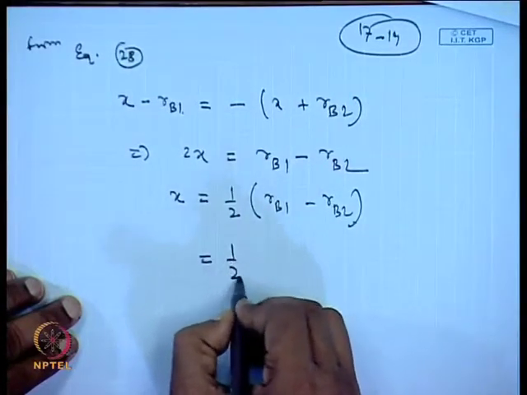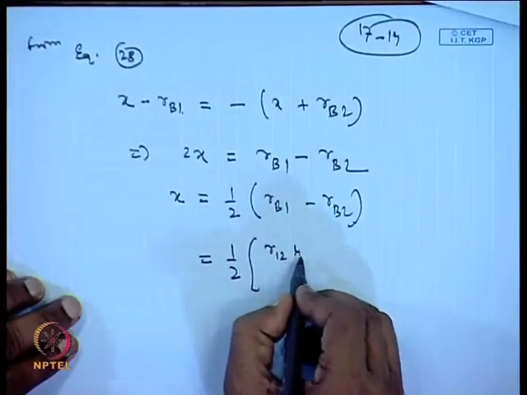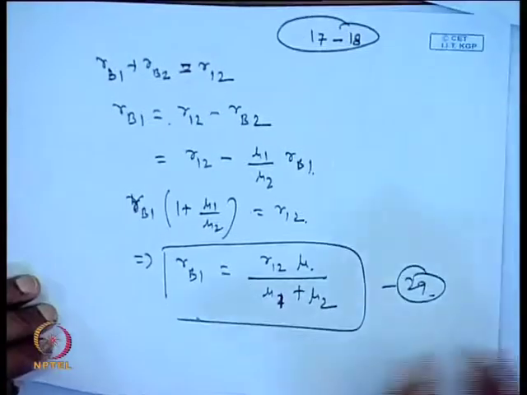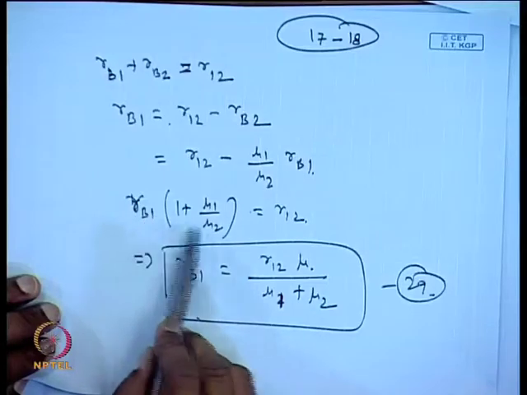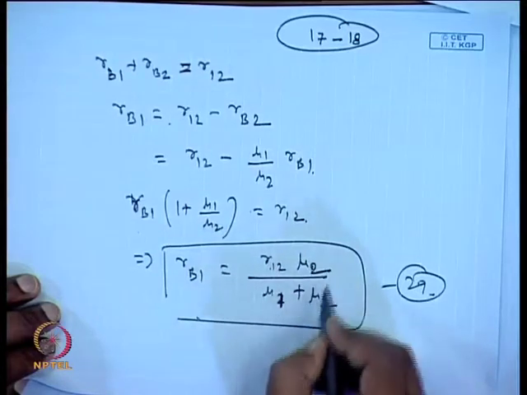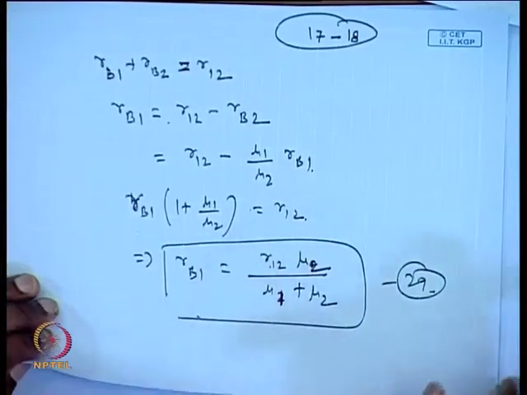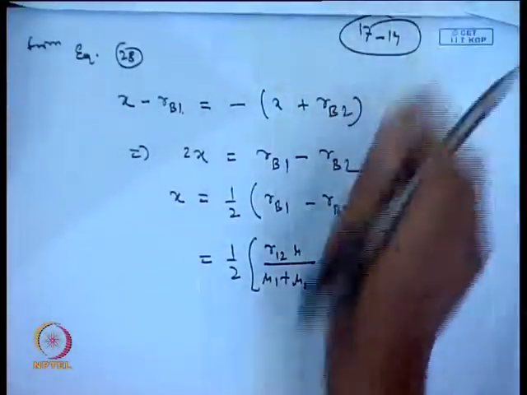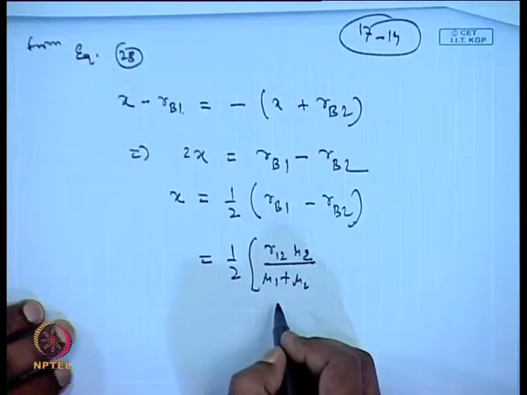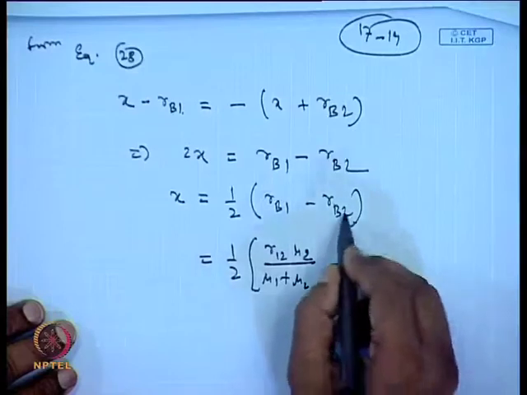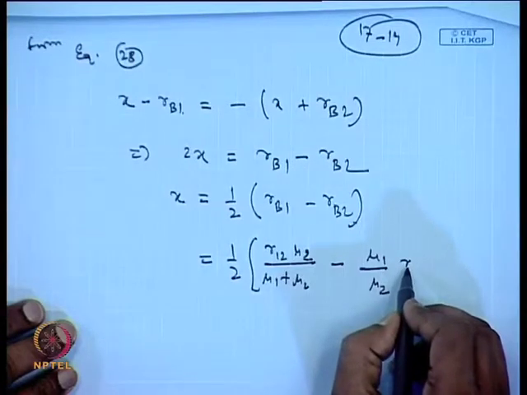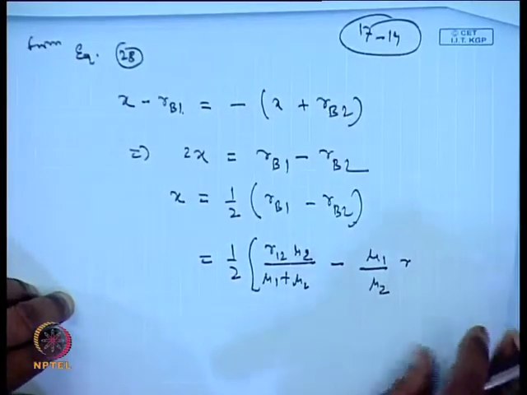So, substituting for R_b1 and R_b2, this is R_12 mu_2 divided by (mu_1 plus mu_2) for R_b1, and R_b2 we have written as mu_1 by mu_2 times R_b1.